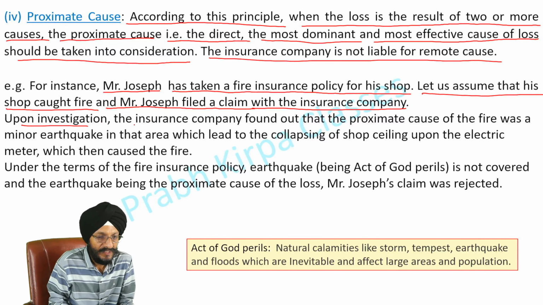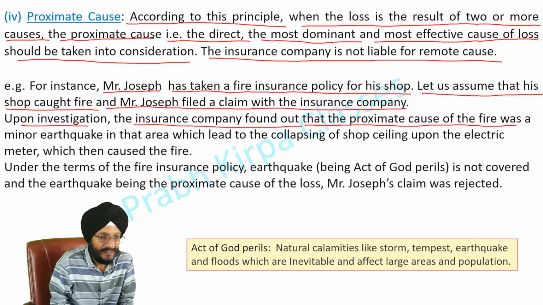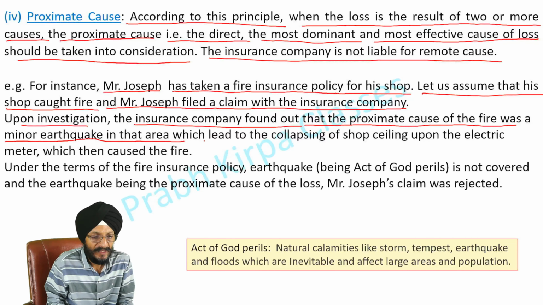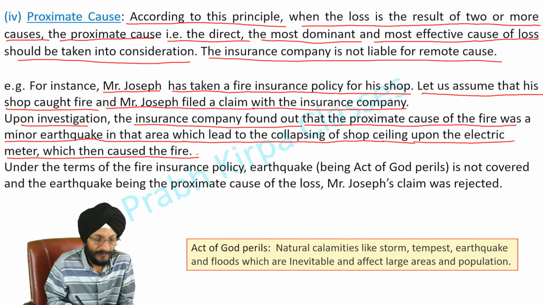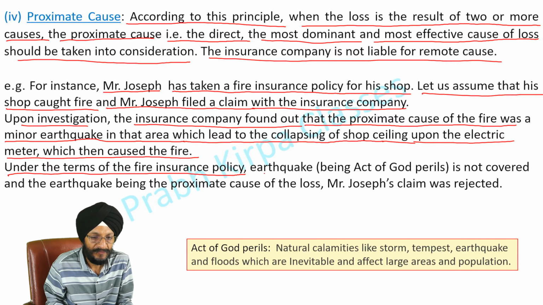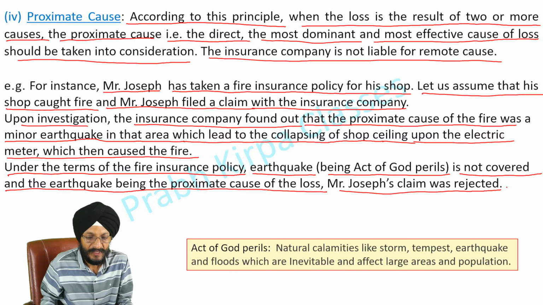Upon investigation, the insurance company found that the proximate cause of the fire was a minor earthquake in that area, which led to the collapsing of the shop ceiling upon the electric meter, which then caused the fire. Under the terms and conditions of the fire insurance policy, earthquake, which is an act of God peril, is not covered, and the earthquake being the proximate cause of loss, Mr. Joseph's claim was rejected.